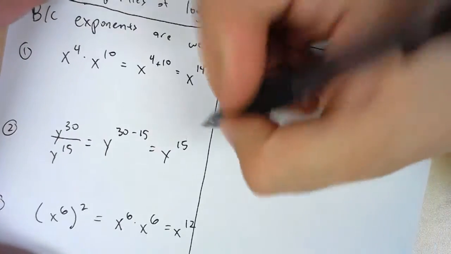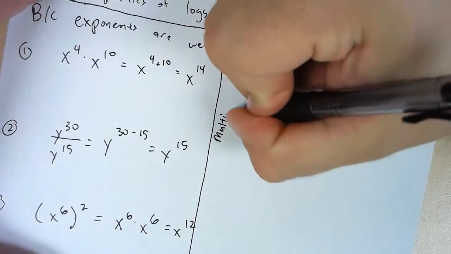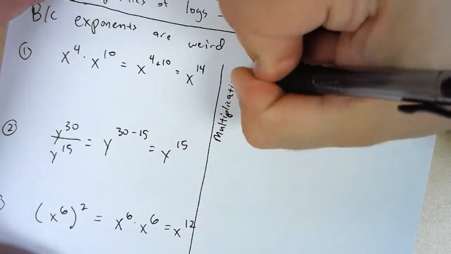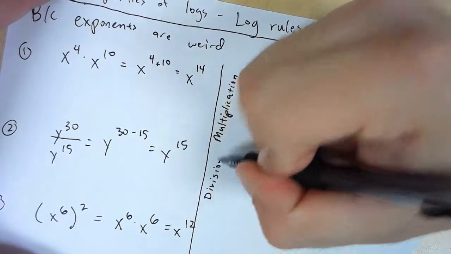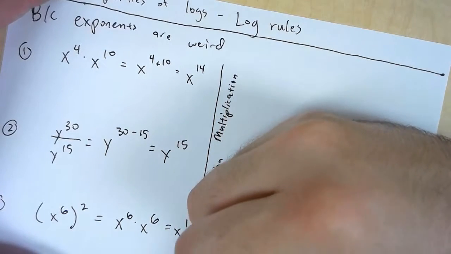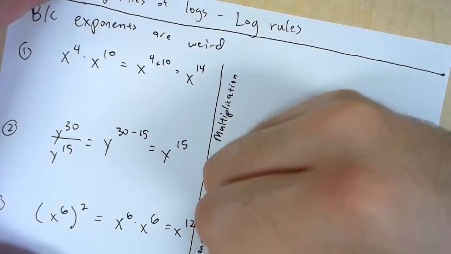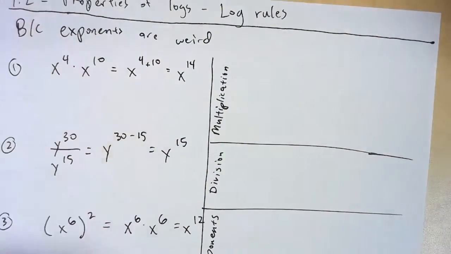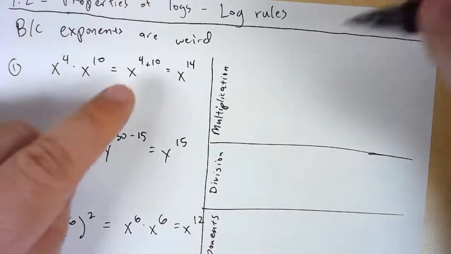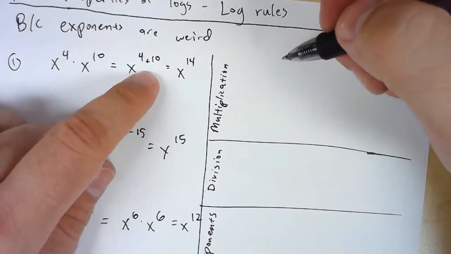So our first rule deals with multiplication. Our second rule deals with division. And our last rule deals with exponents. So let's look at the multiplication one first. Whenever we had exponents that were being multiplied, we really just added.